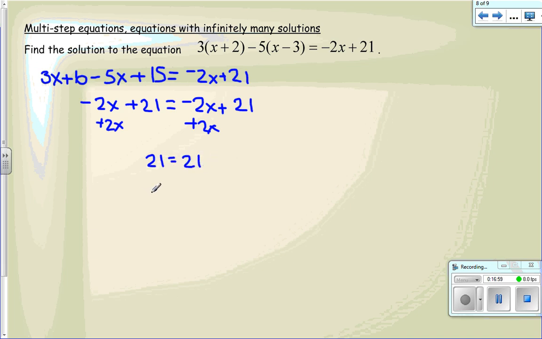So what we would say here is there are infinite solutions because every single value I plug in would make this a true statement. So make sure you watch out for those two special types of equations.